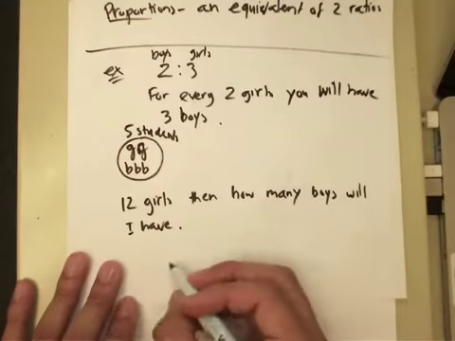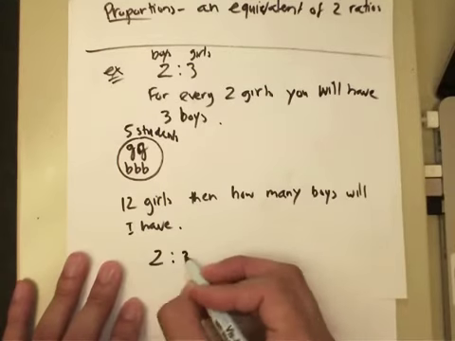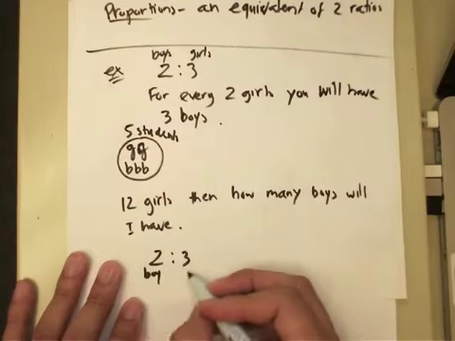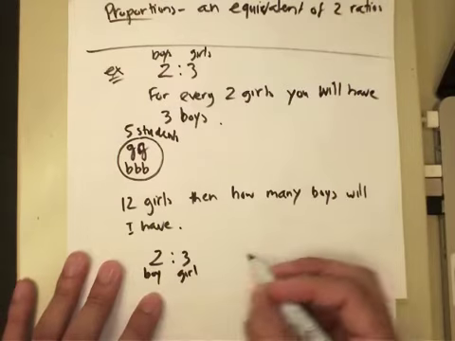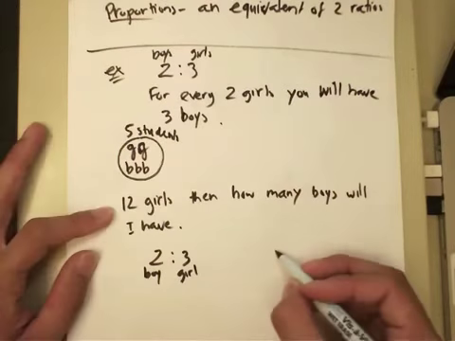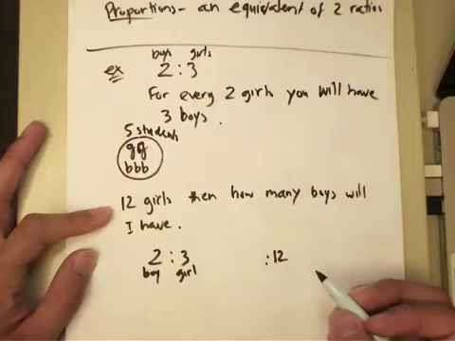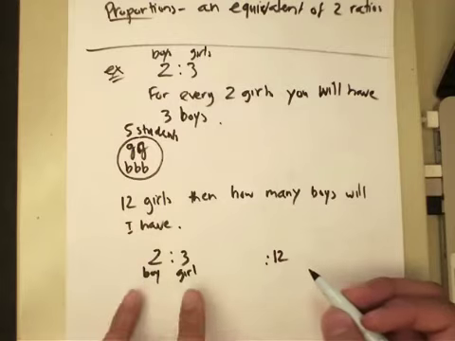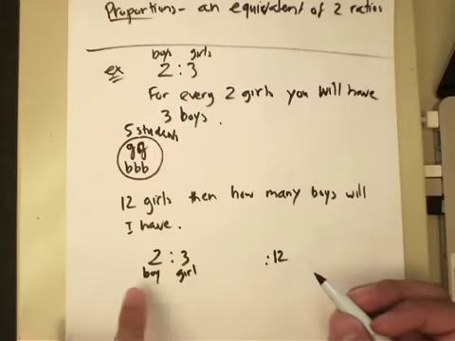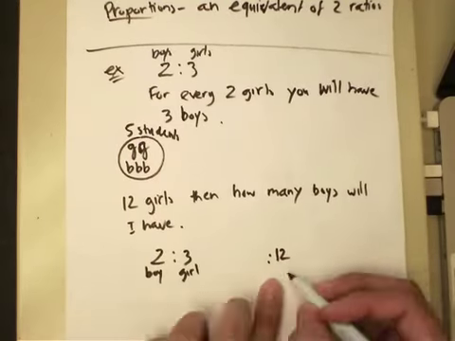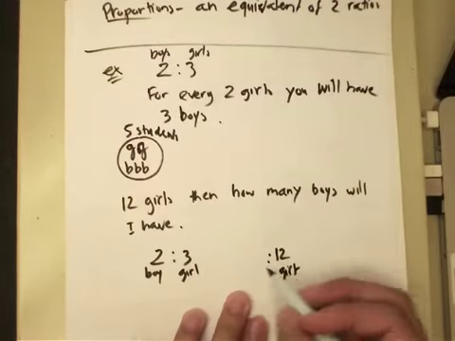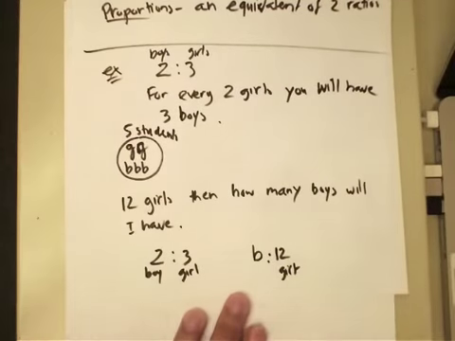I'm talking about 2 boys to every 3 girls. So this is boys, this is girls, and based on what I have for you, I have 12 girls. If I want to set up a proportion, I need to make sure that my 2 ratios are all lined up. Boys, girls, boys, girls. So I have girls right here. The only thing that's missing from this ratio is the boys.